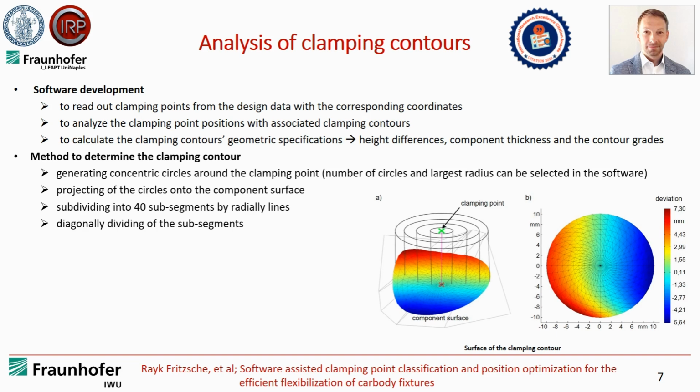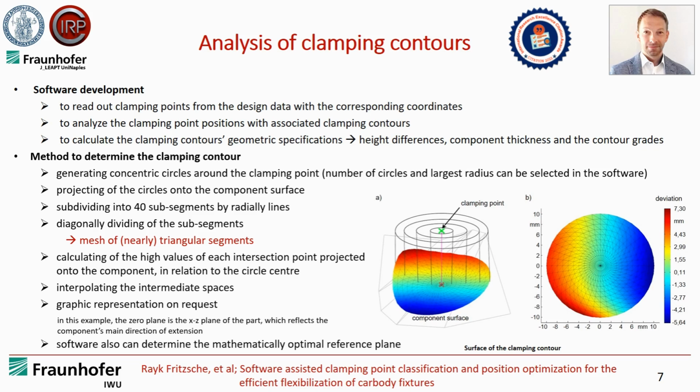After that we divide the circles into 40 subsegments by radial lines, as you can see in the picture. Then we divide the subsegments diagonally, and so we get a mesh of nearly triangular segments.